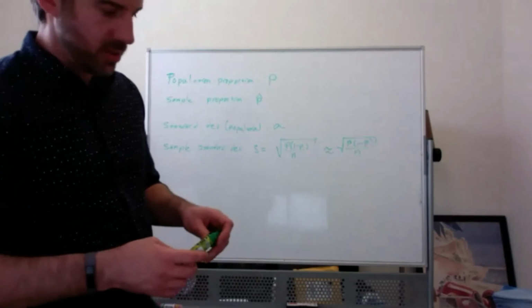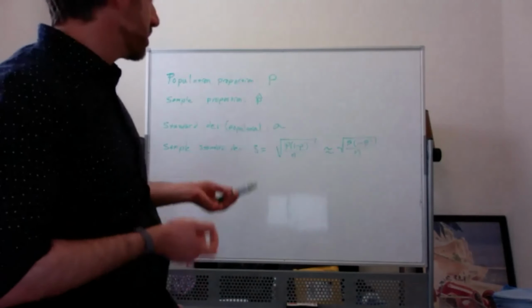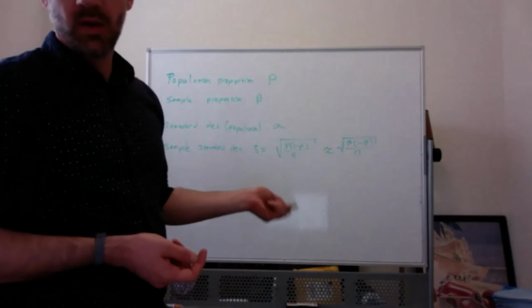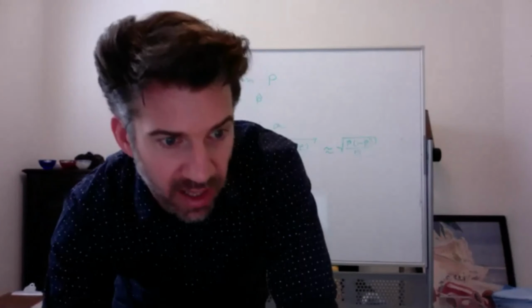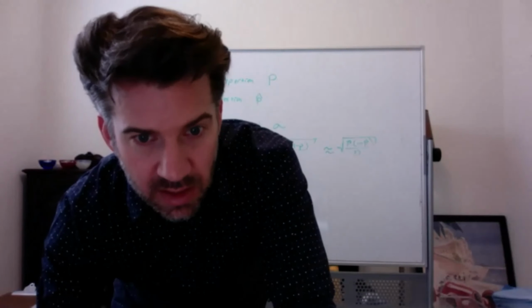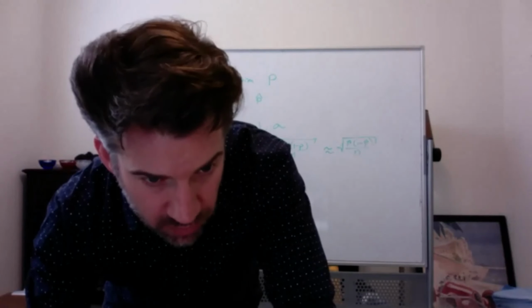I imagine that's where some of you, if you're looking at the quiz, are running into a roadblock: how you're supposed to calculate that part. That is how you calculate the standard deviation of a proportion.